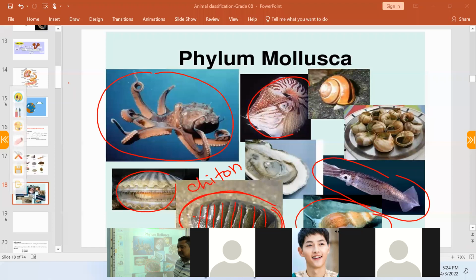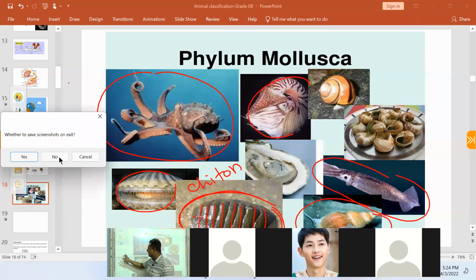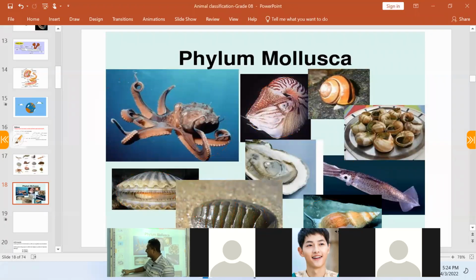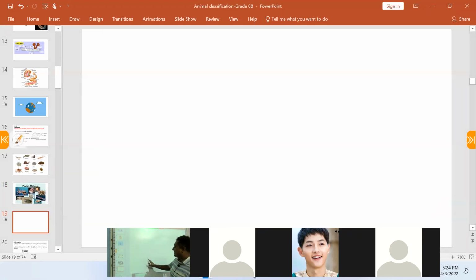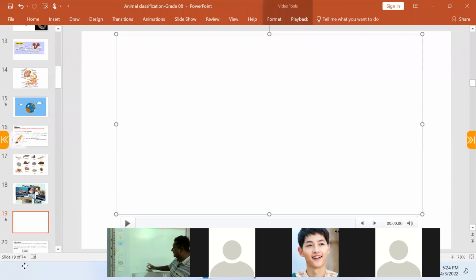Kind of clam. A limpet type. The muscular foot is used to attach to a rock. Chiton lives on the rocks of the beach.